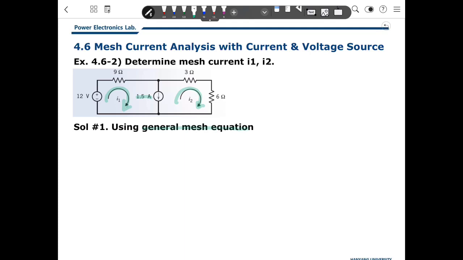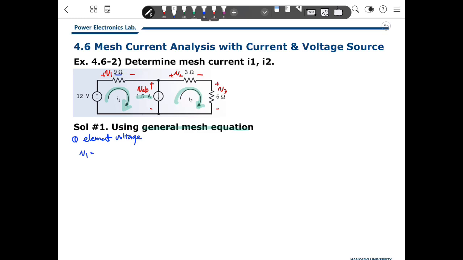Now, what should we do? At first, we have to define the element voltages. So I would like to define here V1, and there will be V2, and V3, and VAB here. So what is V1?